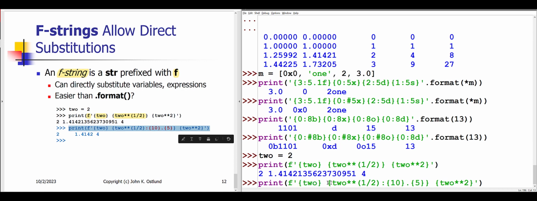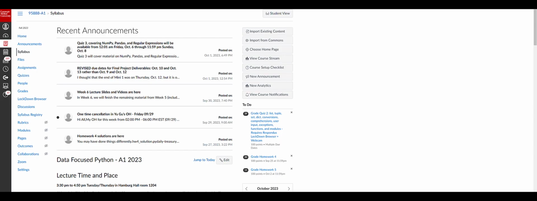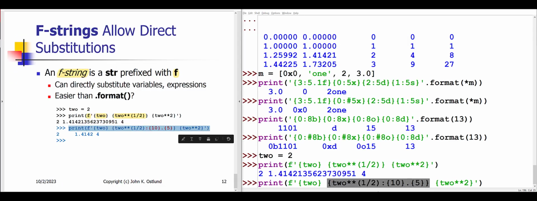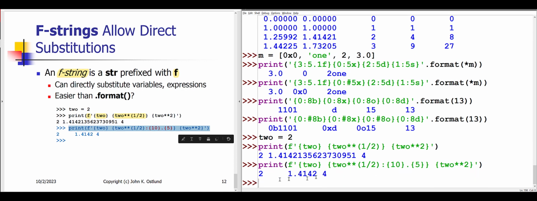But in this next one, I'm printing the square root of 2, but I want that, whoops, my apologies. I want that to be in a field that's 10 characters wide, and I want there to be 5 digits after the decimal point. So I have to use this ugly nested curly braces stuff going on. And then it doesn't even do what I asked for. And I'm really not clear why.